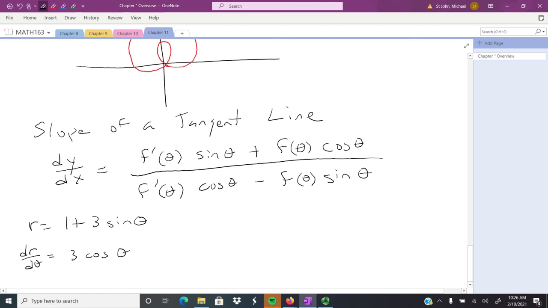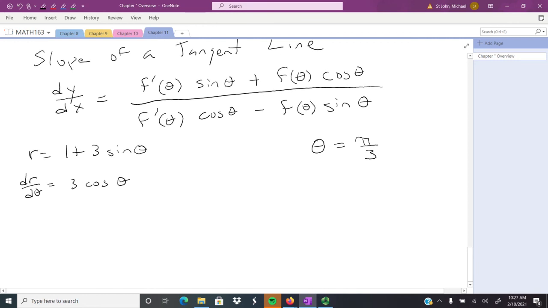And so let's say, for the sake of argument, I want to know the slope of the tangent line when theta is equal to pi over 3. All right. So let's start plugging in.